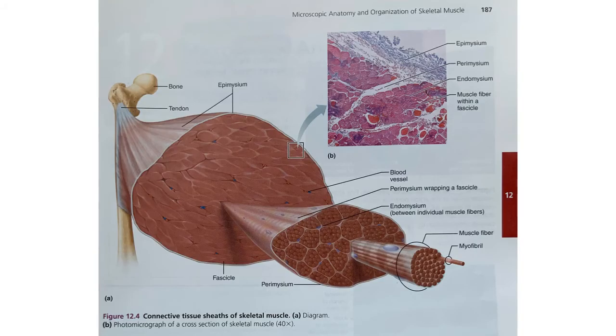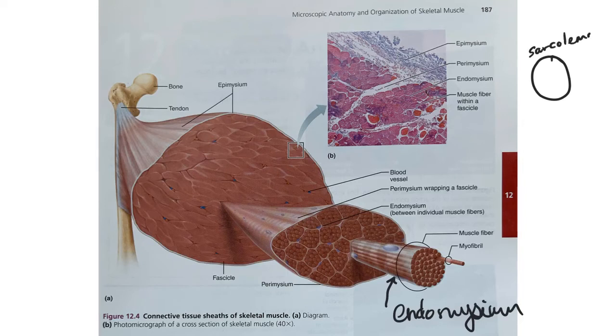So if we look at page 187, you can see that the endomysium is a connective tissue structure that's around one muscle fiber. If we look at a muscle fiber, it's got the sarcolemma around it, and the sarcolemma is the plasma membrane of the muscle fiber.